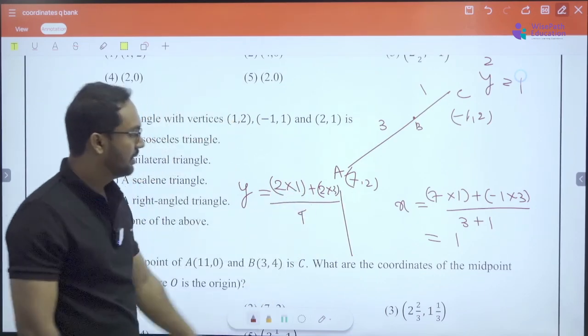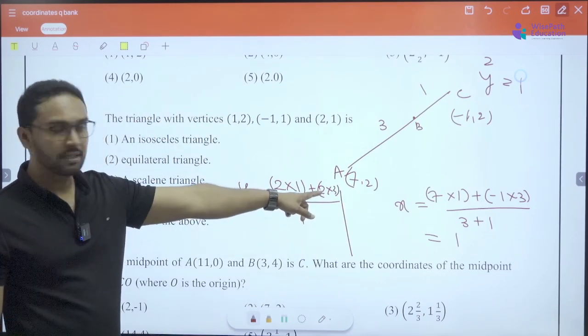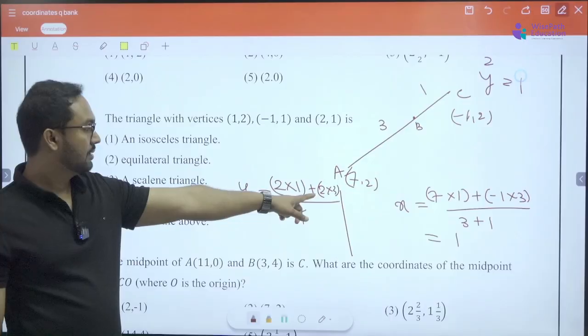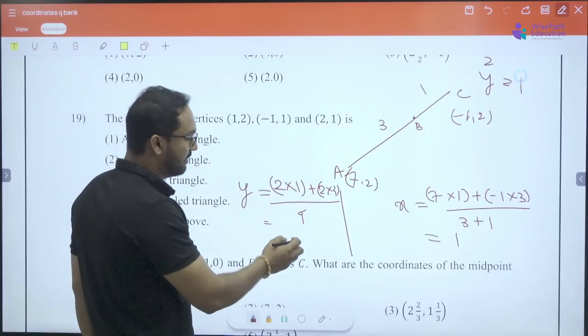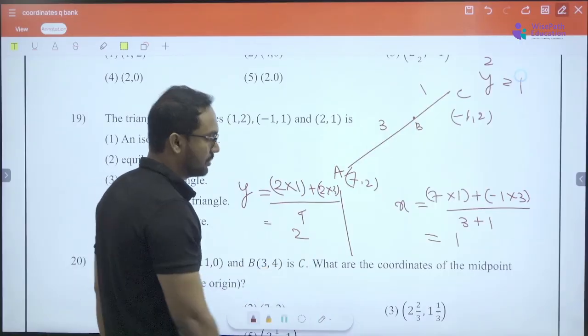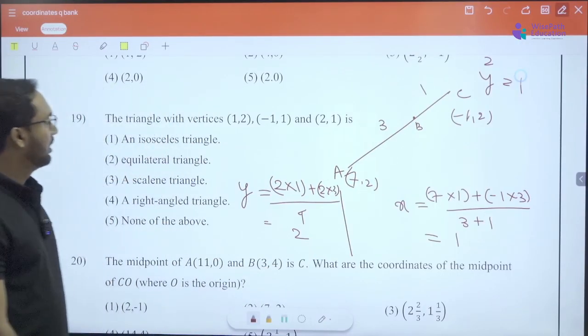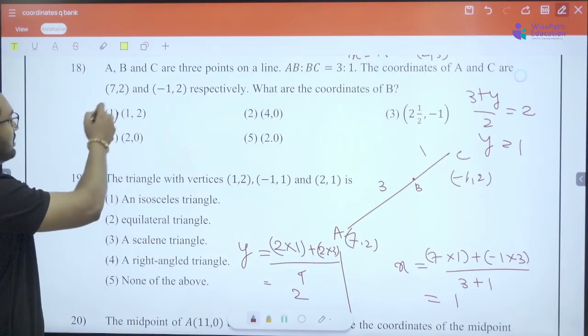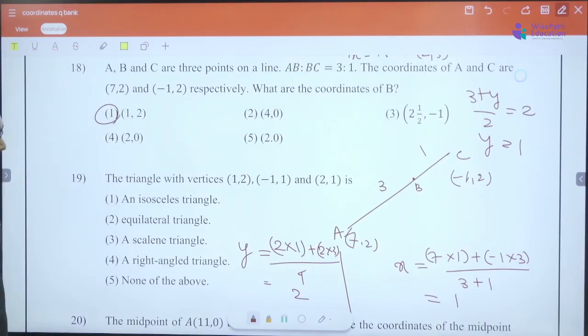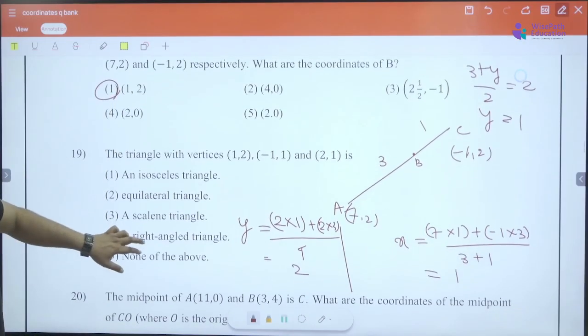So that is 2 plus 6, that is 8. 8 divided by 4 is 2. So it's 1 and 2, right? Answer is 1.